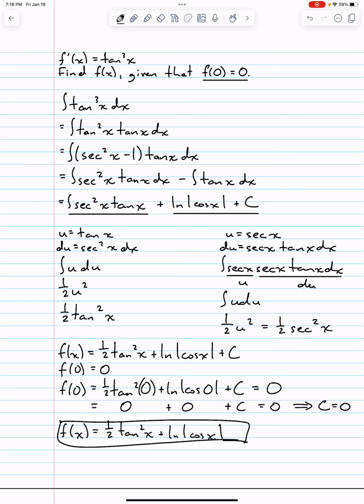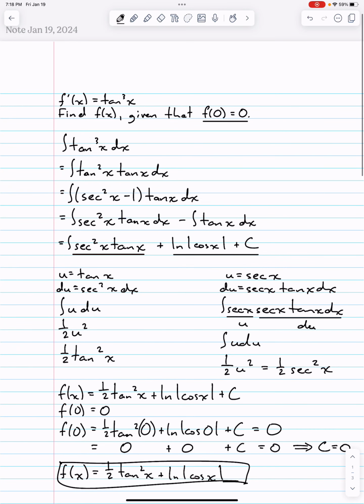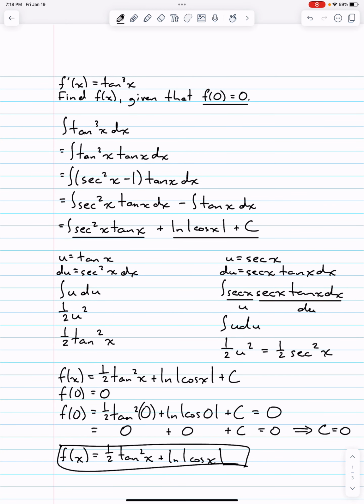So really the question is, how do we deal with the integral of secant squared of x tangent of x? One thing we talked about in class, specifically with tangents and secants, is that it's all about the parity of those trig functions. Do we want u equal to tangent of x, or u equal to secant of x?